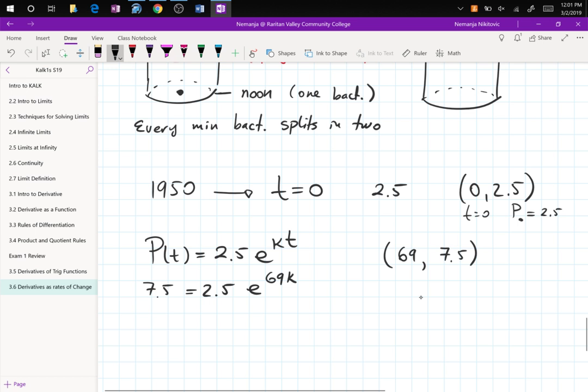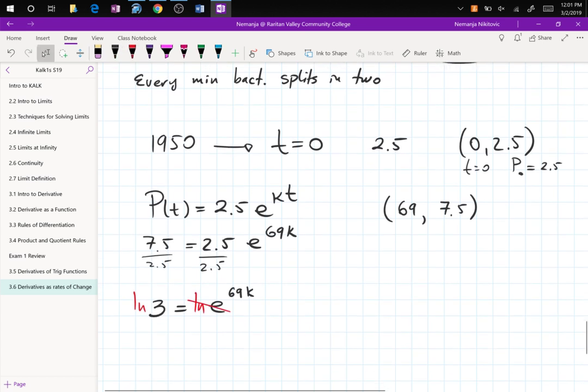Divide 7.5 by 2.5, right, to solve, because we need to calculate k. We got 3 equals e to the 69k. You will ln both sides to free up that exponent up there. So your k is going to be ln 3 divided by 69.